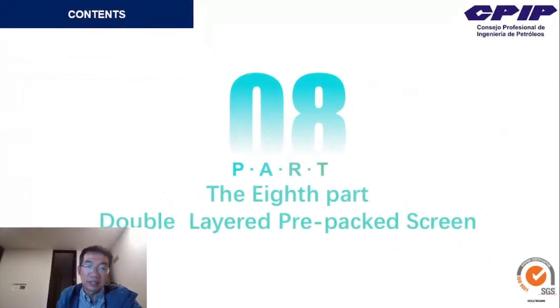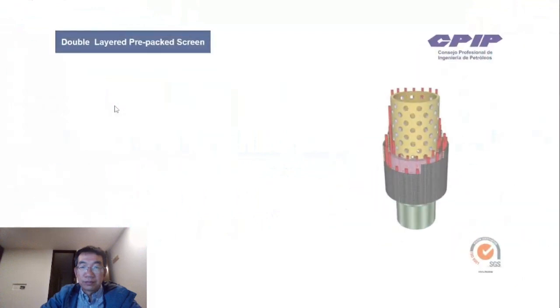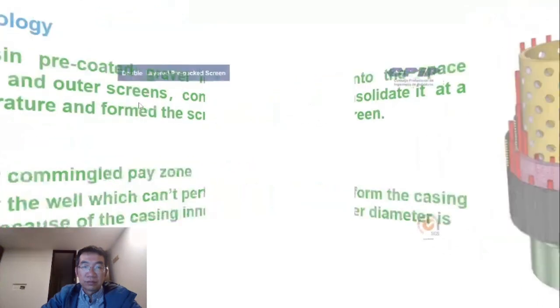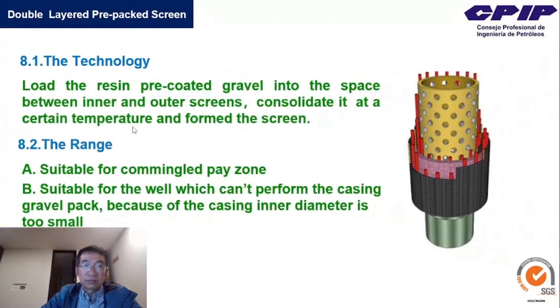The eighth part is double layered pre-packed screen. The 8.1 technology loads the resin pre-coated gravel into the space between inner and outer screens, consolidates it at a certain temperature, and forms the screen.